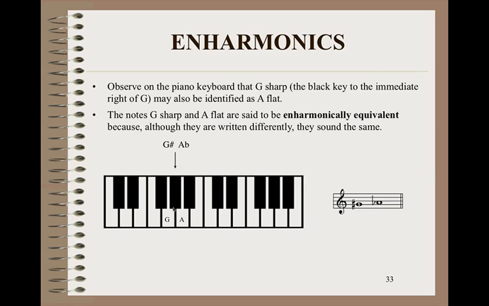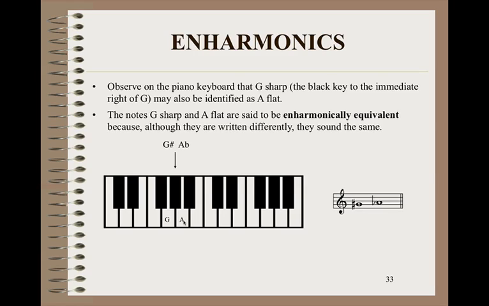If we follow along with our musical alphabet, the note right to the left of it is a G. And if I'm going up, ascending, that black key would be a G sharp.